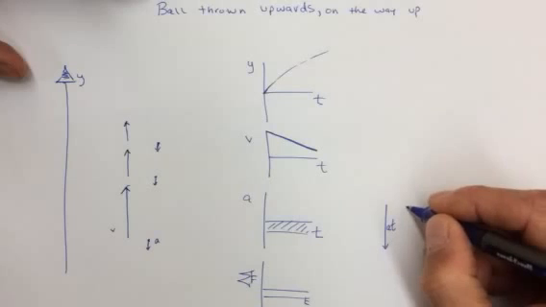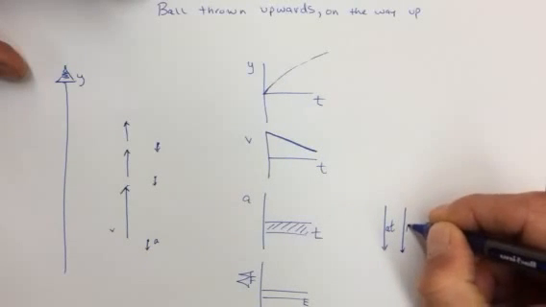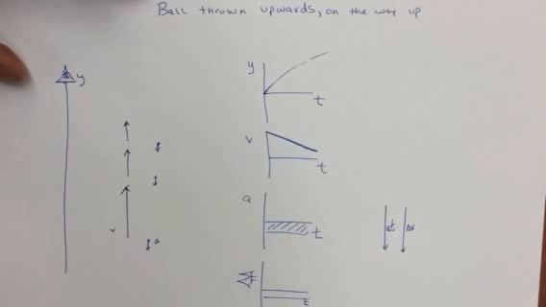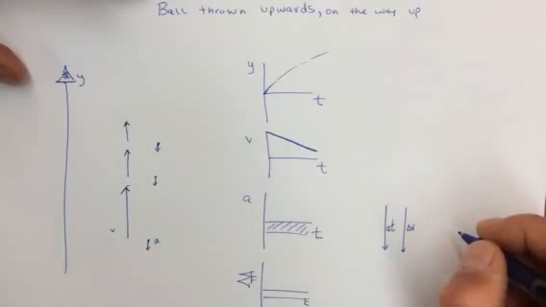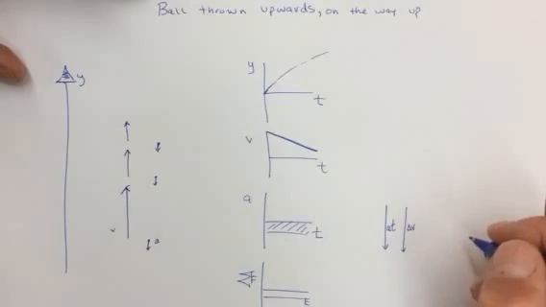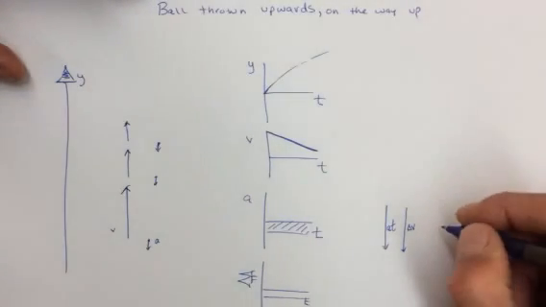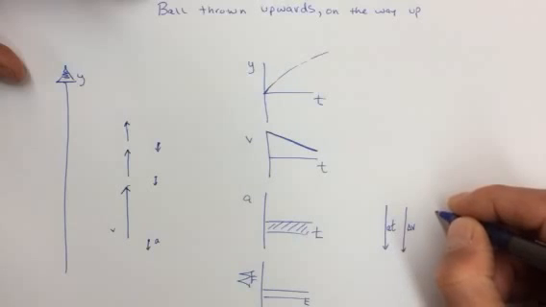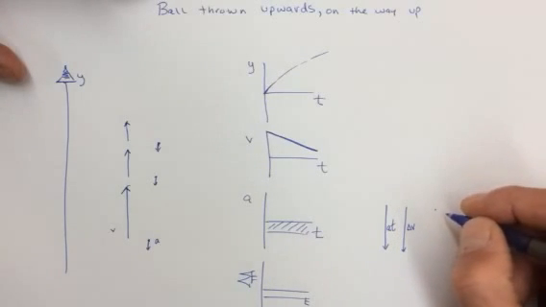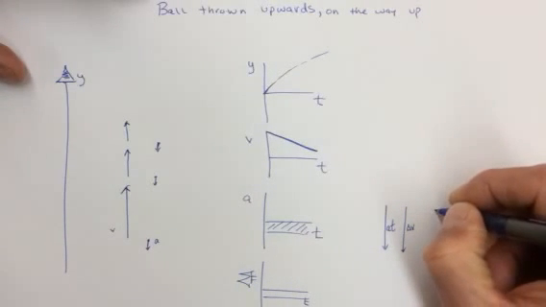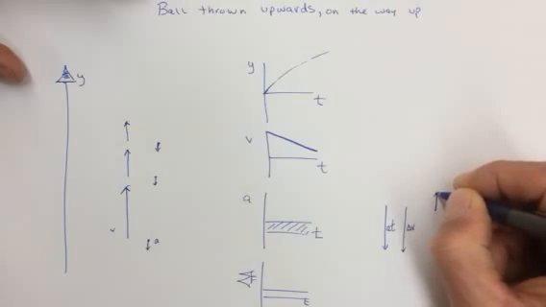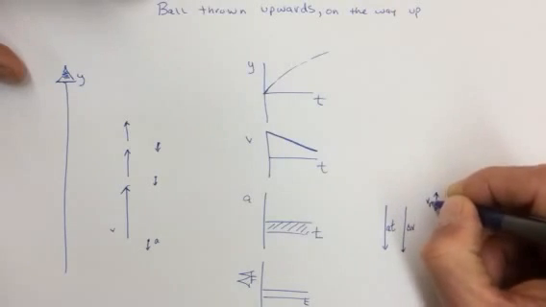Acceleration times time is the length of this vector down, right? And that's going to be the same length as my change in velocity vector, which is my final velocity minus my initial velocity. It's final velocity minus beginning velocity, right? Final velocity is smaller and it's up.